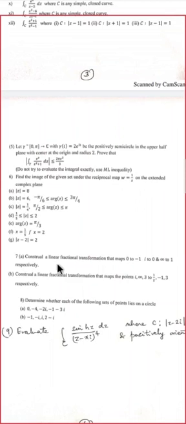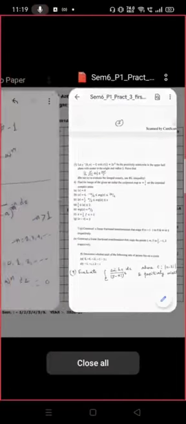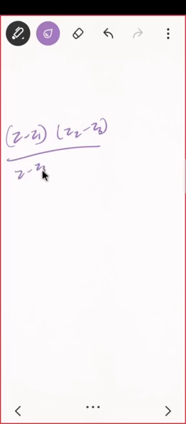Okay, construct a linear fractional transformation. I have already given you a formula for when 0 maps to -1, i. Do you remember the formula? I'll write it here: z minus z1 into z2 minus z3 upon z minus z3 into z2 minus z1.